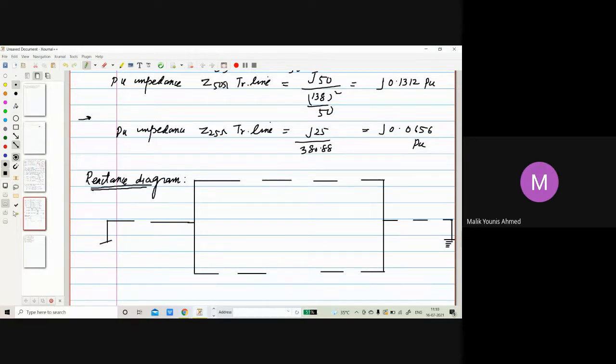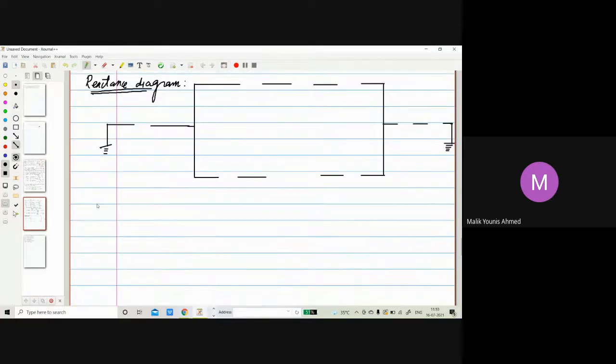This is grounding. Here, transmission line, transformer. I'll explain this, don't worry, it's very simple.